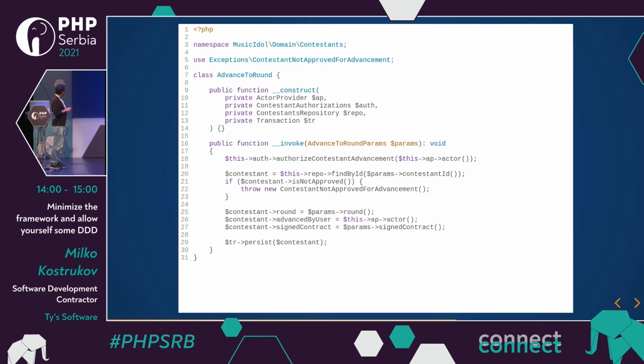First, we have a couple of dependencies here. We have actor provider. This actor provider will give us the actor. The actor is the user who is actually doing the action. And why have we abstracted this away? Well, we said that we don't know what kind of environment we're running on, so we don't know how we're going to understand who the actor is, right? It may be from figuring out what cookies they sent.